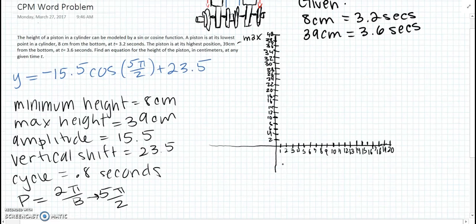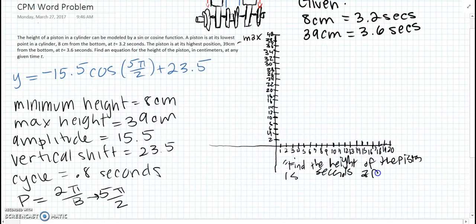Our essential questions are: find the height of the piston 15 seconds after the engine has started.